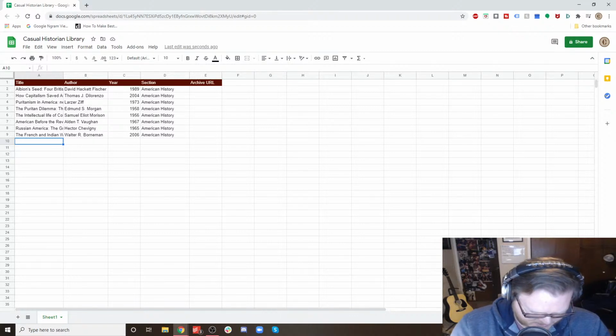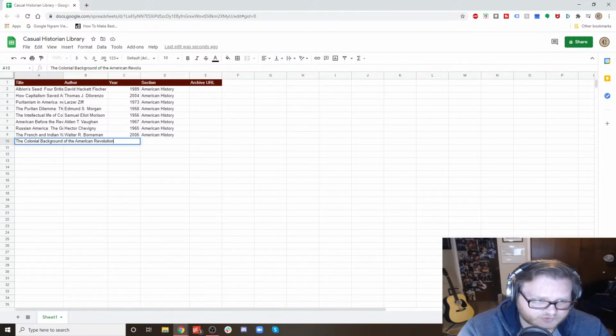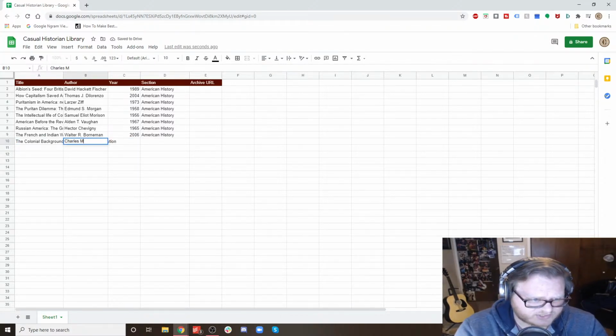Next is an old one also: The Colonial Background of the American Revolution, by Charles M. Andrews.